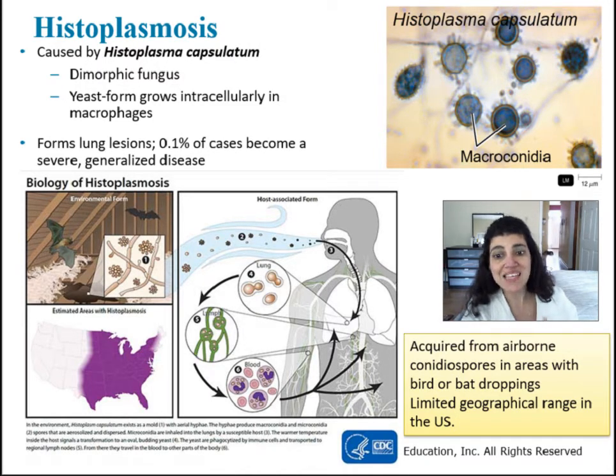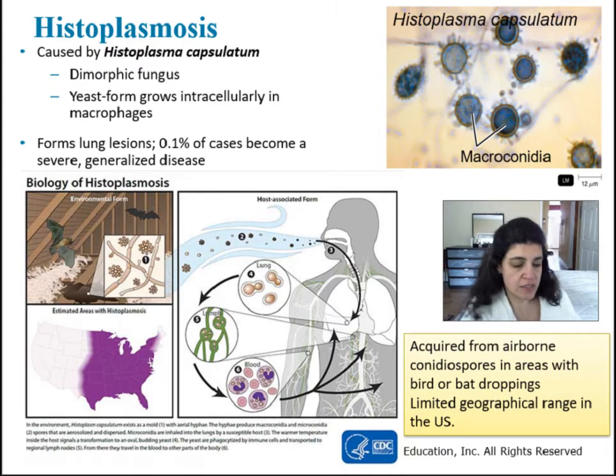Okay? So this yeast, which is unicellular, grows inside macrophages. So once the person inhales the Histoplasma fungus or its spores, it can colonize the lung, lymph, and blood. Usually they form lung lesions, and 0.1% of the cases become severe, generalized disease.